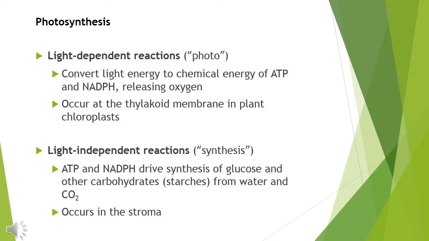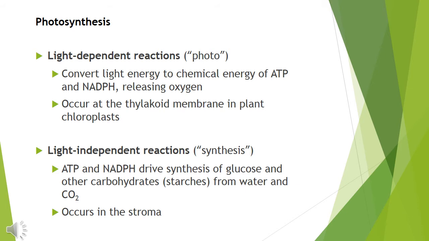And then other carbohydrates as well, because those can also be converted to sugar. And it needs to have water and CO2 happening in this section of the photosynthesis. And then it's going to occur in the stroma.